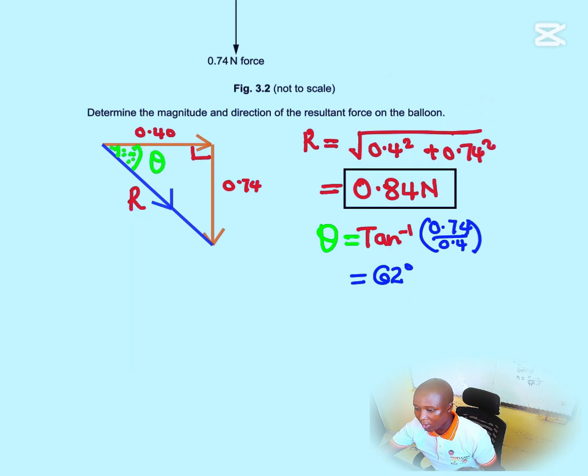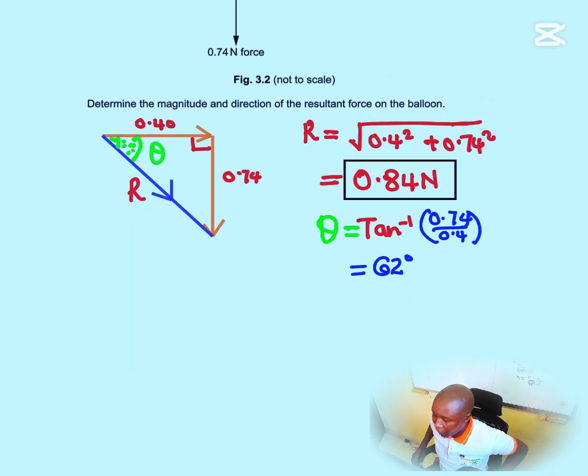But since we're told to find the direction, and force, remember, is a vector quantity, something that you need to remember is that vector quantities have both size and direction, and scalar quantities only have magnitude or size but no direction. Force has both size and direction.